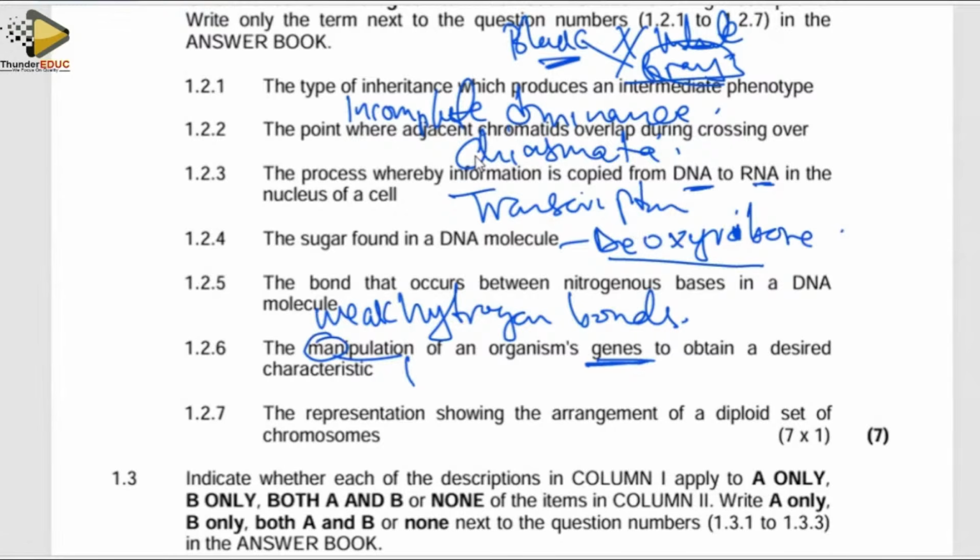So if you are an engineer, then what are you engineering? You are engineering genes. Therefore, manipulation, engineering genes, how do you call that? To bring the desired characteristics. So the answer is already there.